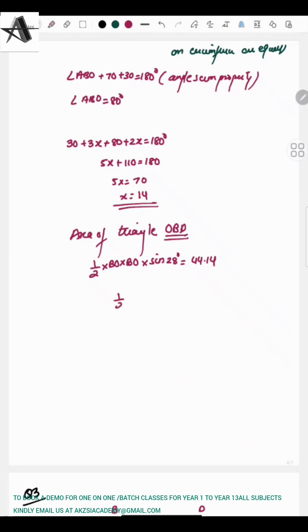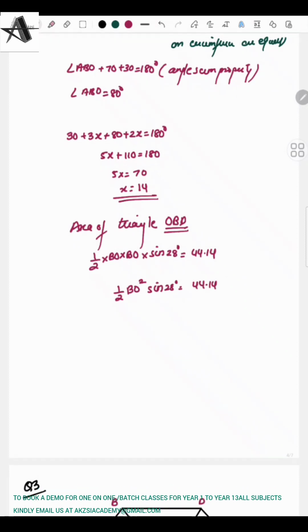So BO squared times sine 28 degrees over 2 is equal to 44.14. BO squared is equal to 188.63, and BO is the root of 188.63. This is 13.73 centimeters. So we have calculated BO as 13.73.